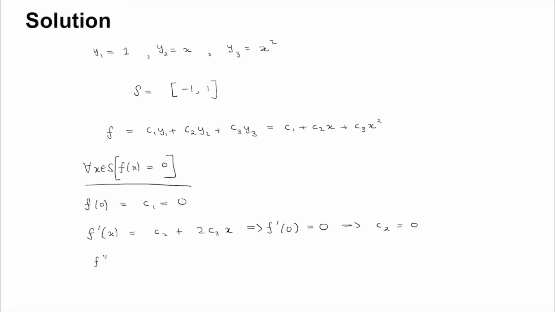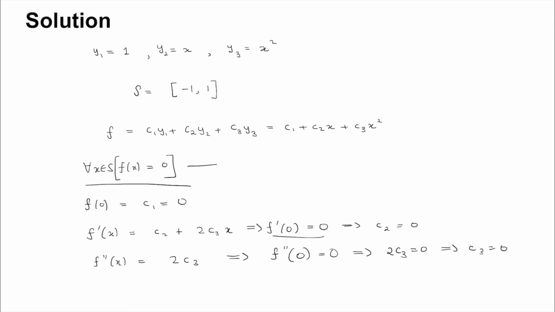And similarly, f double dash of x is just going to be 2c3, and the double derivative is, again, this is also a constant function, so its derivative is constant. Which means we now have f double dash of 0 is equal to 0, and so we get that 2c3 is equal to 0, which implies c3 is equal to 0.